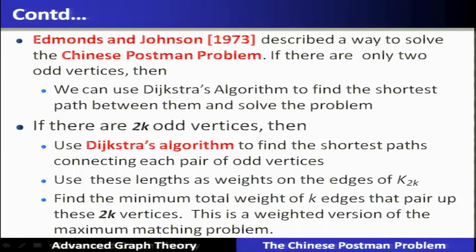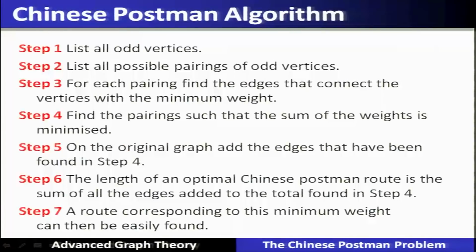So this way the Chinese Postman problem can be solved: if a shortest path algorithm is available, then the given graph can be converted into an Eulerian graph, and these extra duplicate edges, which can be found with the help of Dijkstra's algorithm, can be utilized in this process.